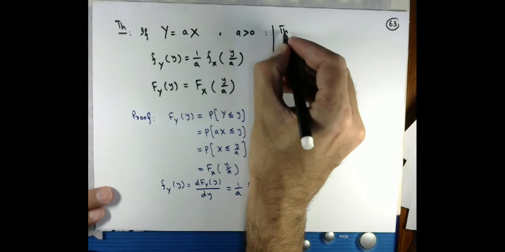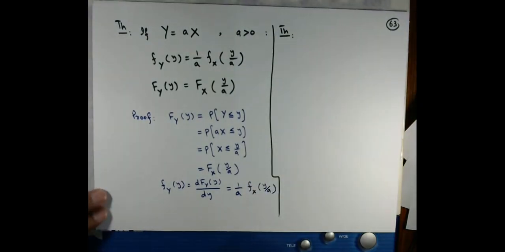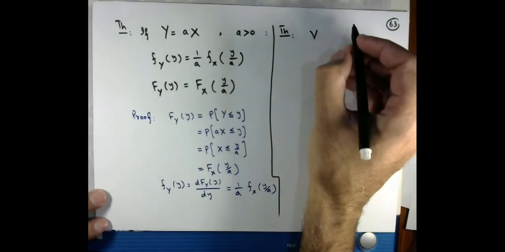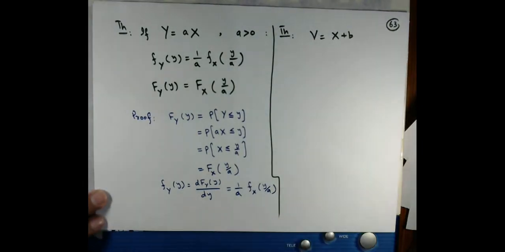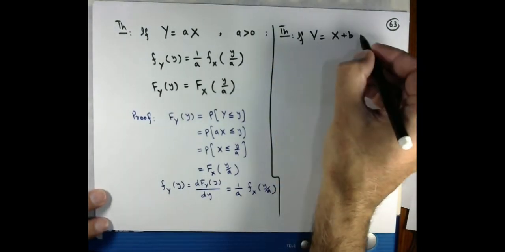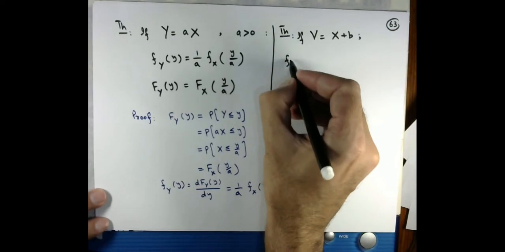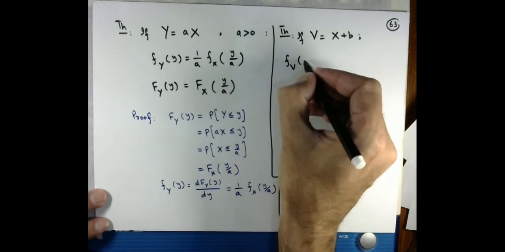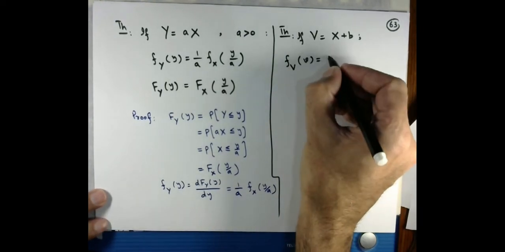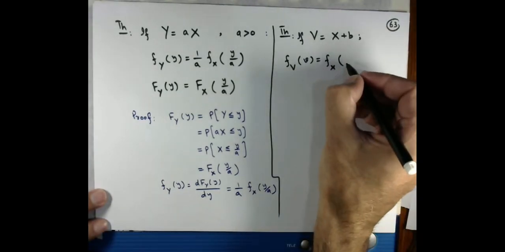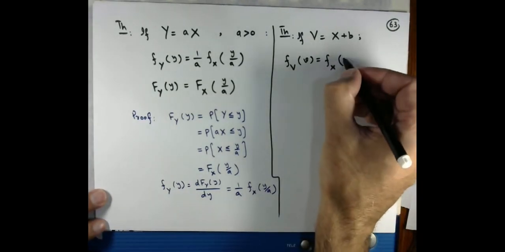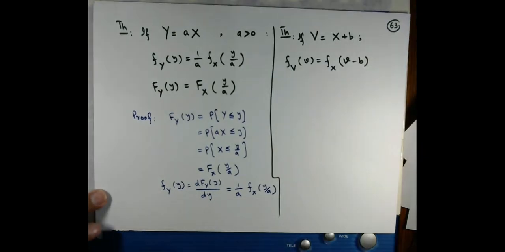So there is another theorem that takes care of this shifting of a parent random variable. Now suppose you have a derived random variable v, which is obtained by simply shifting the parent random variable by b. If this is the case, then the PDF of the derived random variable will be simply obtained from the PDF of the parent random variable by replacing x with v minus b.